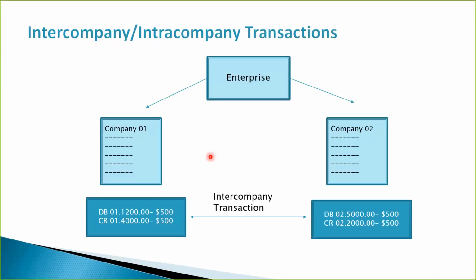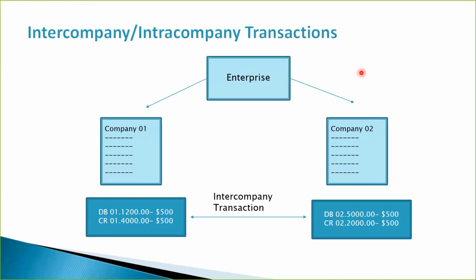Like I said, we have an idea of what intercompany transactions are. And as you can see, what I have put in the heading here, we are going to talk about intercompany and intracompany transactions. Okay.